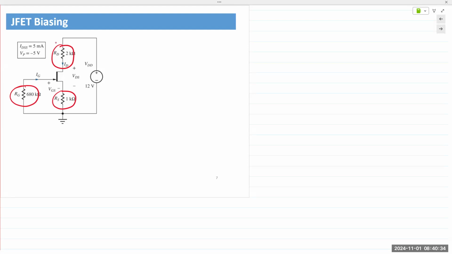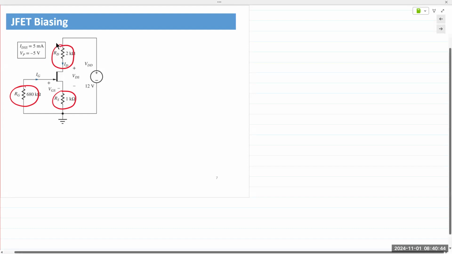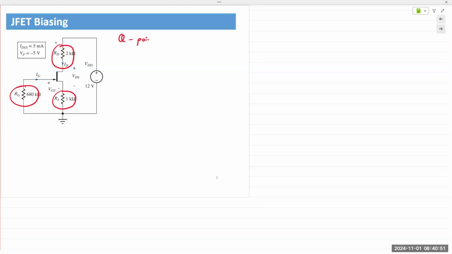A positive voltage is applied between the drain and the source. We are given the values for IDSS and VP for the JFET. And the question being asked is, find the Q point of the JFET.